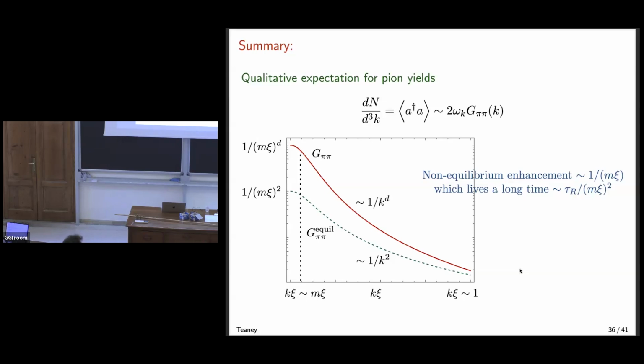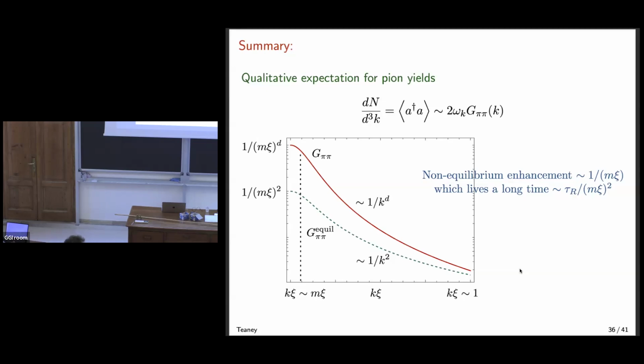A parametric enhancement. Now, if you have a finite mass, that cuts off this growth, and instead of an infinite enhancement you get an enhancement which is 1 over the mass times c. So you expect that the way pions reach equilibrium is quite different from other particles.